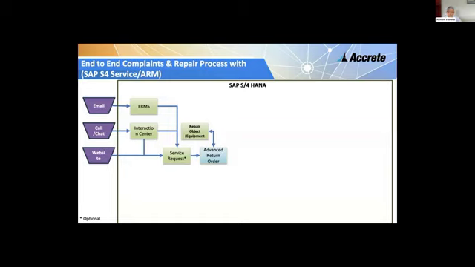But from the service request, you can create an advanced return order or a regular return order as well. And there is something called a new repair object, which has been introduced by SAP. It's really an equipment, but it has some actions by which you can either from the advanced return order, create a trigger, link it to the repair object, or from the repair object, you can directly create an advanced return order or a return order as well.